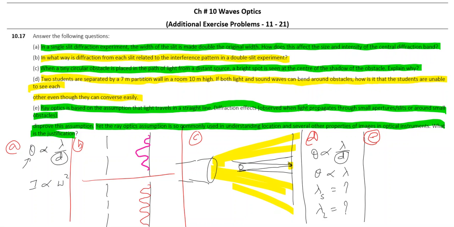What is the justification? Ray optics can be applied only when we consider the light to be traveling on straight line. Now, actually, we know that light does not travel because whenever it encounters some obstacle, it changes its direction. But then, when you consider the longer path and look at the diffraction pattern, many of the times the bending may be small. So, in such cases, ray optics is very much applicable.